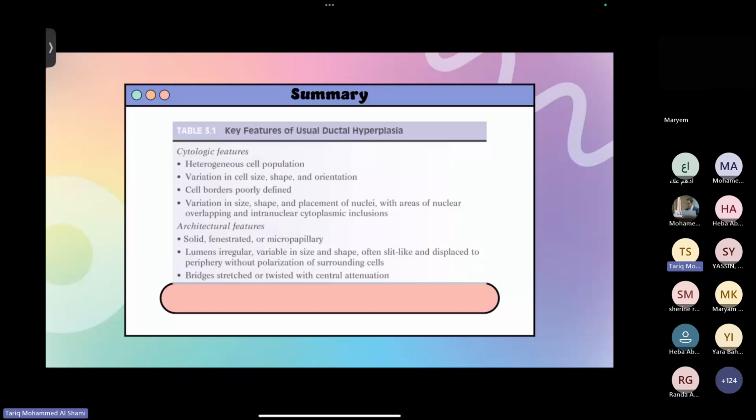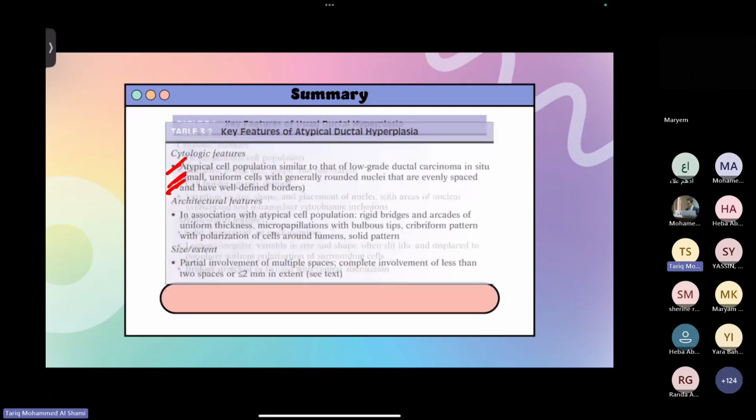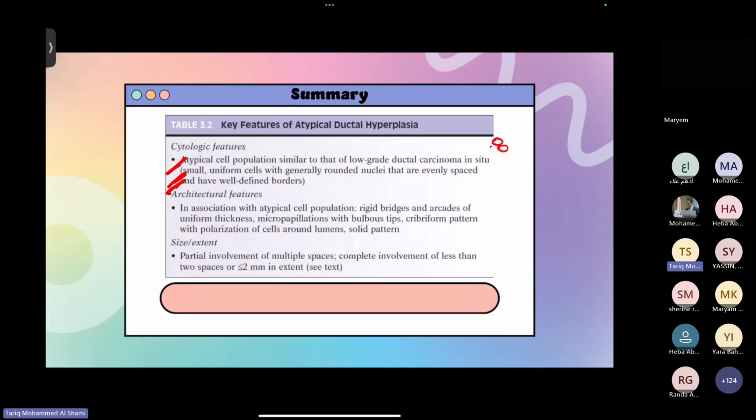To summarize our notes, first of all, usual ductal hyperplasia: heterogeneous cell population, variable cell size, shape and orientation, cell borders are ill-defined or syncytial pattern, and it takes many histological variants like solid or papillary, as we mentioned. Atypical ductal hyperplasia: cells are monomorphic and polarizing around the fenestrations or the slit spaces, and it takes multiple histological patterns.